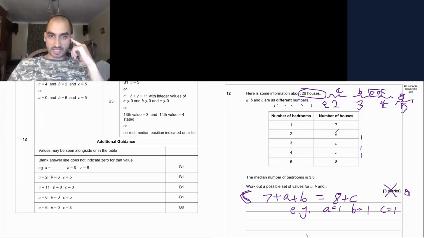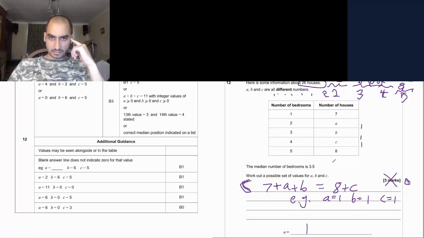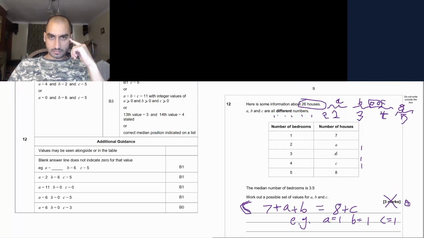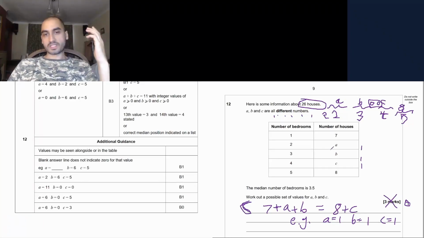You're saying 7 plus 8 plus B equals C plus 9? No, C plus 8. Why did I say 9? Sorry. Yeah.